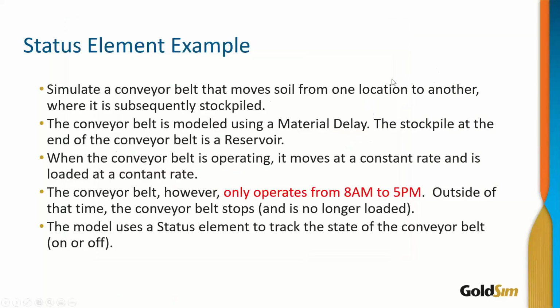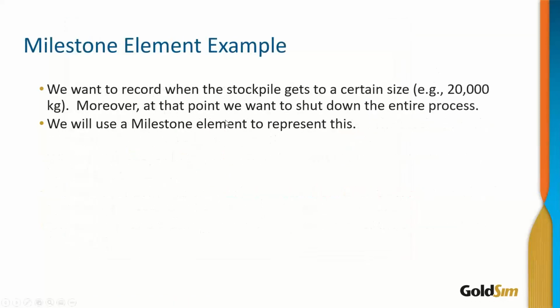Let's make this a little bit more complicated, and let's look at a milestone element. In a milestone, we're going to keep track of when a particular thing happens, and then we're going to be able to reference that. So in this case, I want to say when the stockpile hits a certain size, shut down the entire process. Stop loading the stockpile.